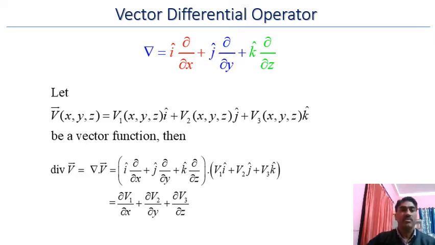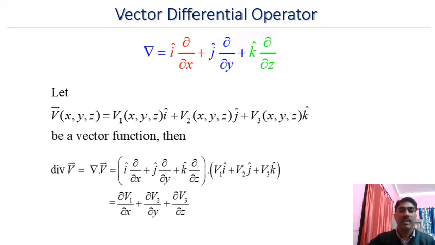So let V(x, y, z) = v1 i + v2 j + v3 k be some vector, and we write the dot product of del with this, meaning del dot V. This is called divergence, and with the definition of the dot product, it comes out to del v1 by del x plus del v2 by del y plus del v3 by del z.